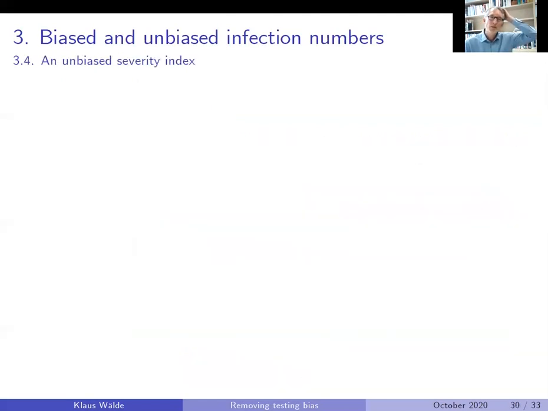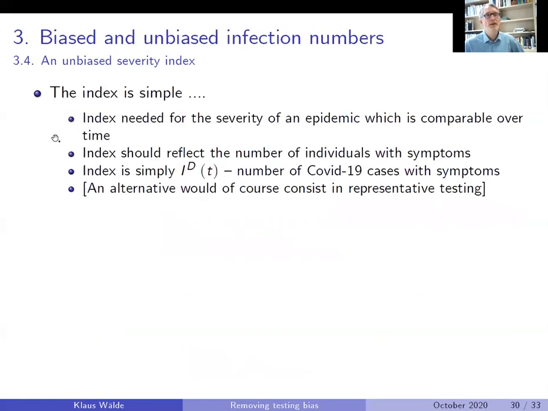Okay, now let's become positive at the end of this talk. What is an unbiased severity index? What should we do? Well, the index is extremely simple. The index needed for the severity of an epidemic, which is comparable over time, should reflect the number of individuals with symptoms.